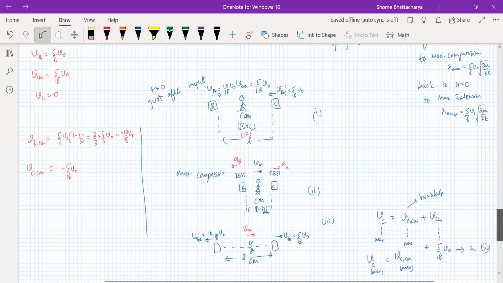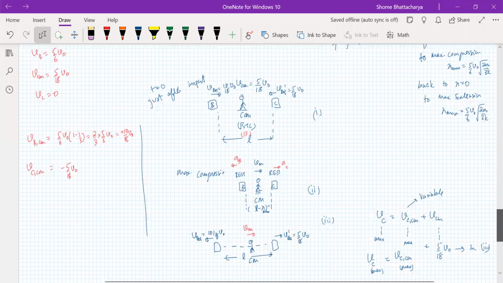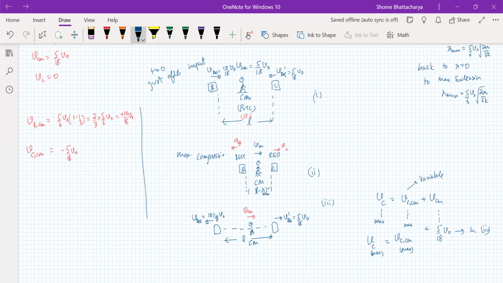When they are having maximum speed with respect to center of mass, that is picture 1. Then they are closest with respect to center of mass, that is picture 2. Then again back to maximum speed with respect to center of mass, that's picture 3. And from here, they'll go to a situation where they are furthest away. So when they are furthest away, they are again at rest with respect to center of mass.